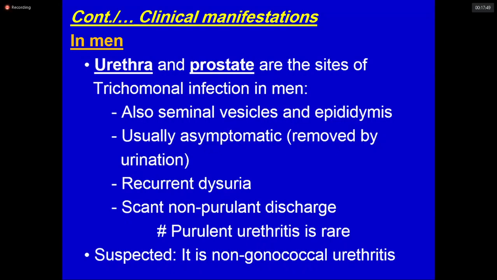Purulent urethritis is rare, commonly non-purulent, meaning there is no pus. And even sometimes this condition is suspected to be non-gonococcal urethritis, designated so because it is not caused by Neisseria gonorrhoeae.